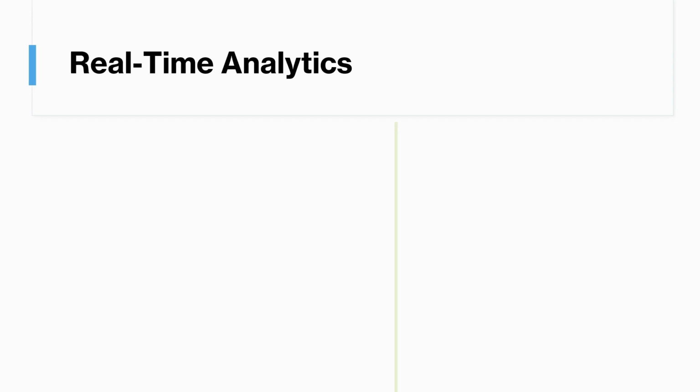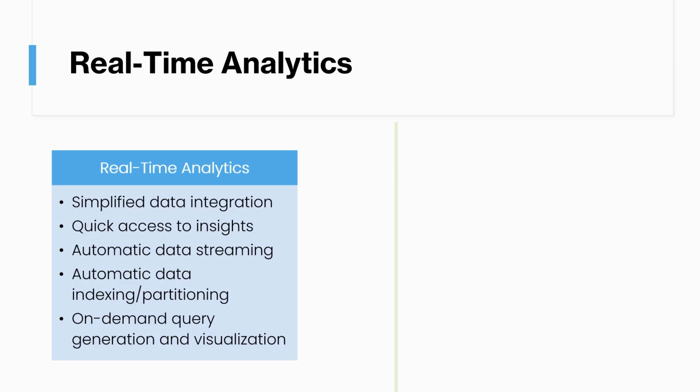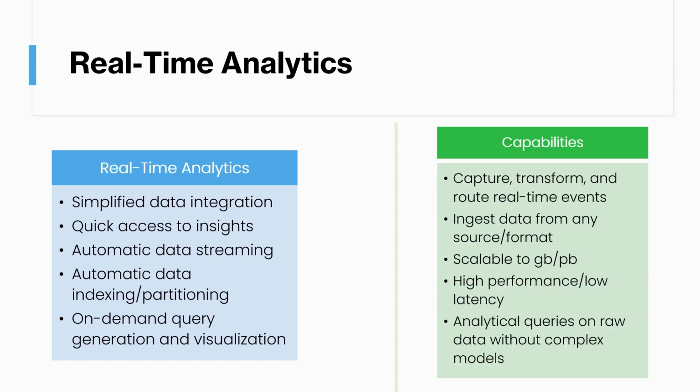Real-time analytics in Microsoft Fabric is a fully managed big data analytics platform optimized for streaming and time series data. It utilizes a query language and engine with exceptional performance for searching structured, semi-structured, and unstructured data. The capabilities provided by real-time analytics, such as scalable, high performance with low latency, can be used in healthcare in numerous ways.